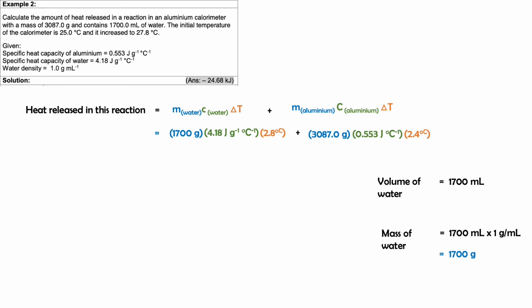So we calculate, and we're going to get 24,676.71 joule. So that's it, because the question is asking you about heat release in this reaction, not for 1 mole of formation or 1 mole of combustion.